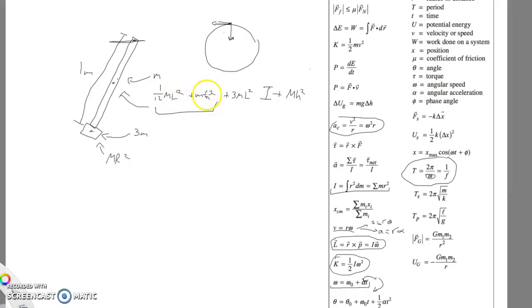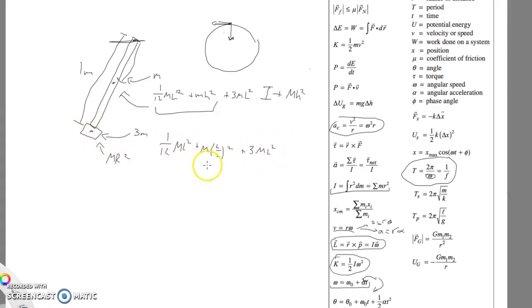This h here is going to be equal to the distance that the meter stick is away from its center of mass. It'll be this distance right here. So it'll be that distance L over 2. So we get 1/12 ml squared plus m times (L over 2) squared plus 3 ml squared. And this 3 ml squared came from that piece right there.